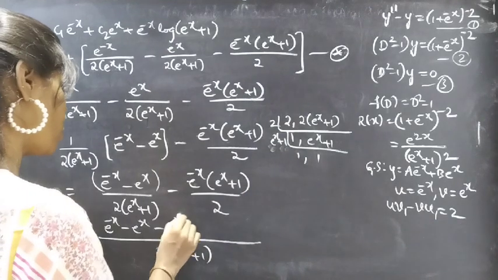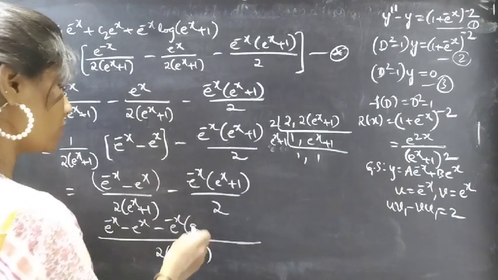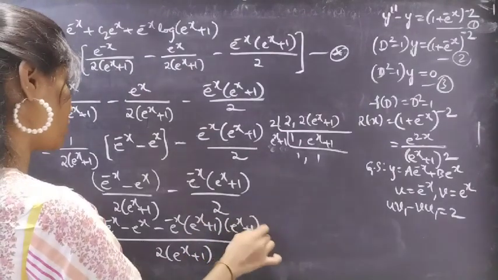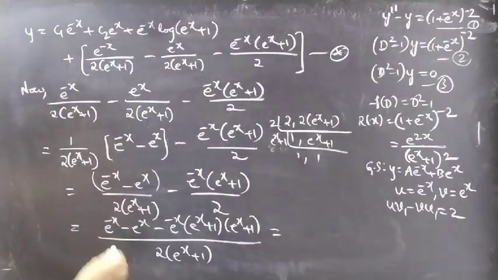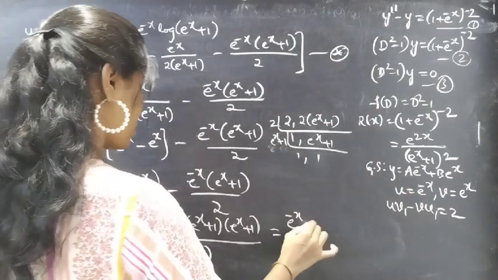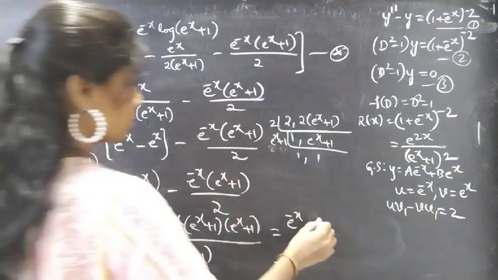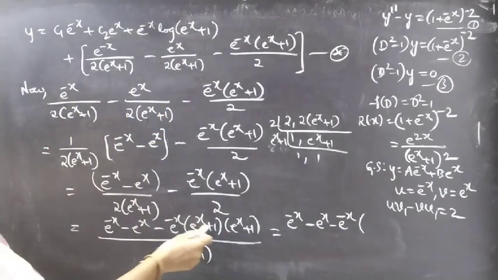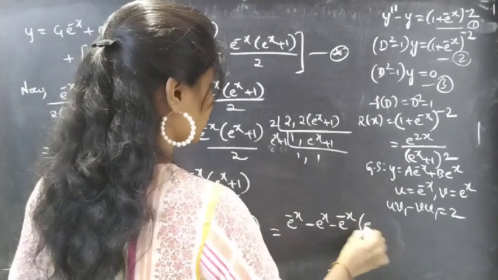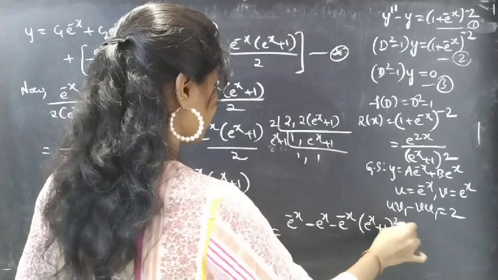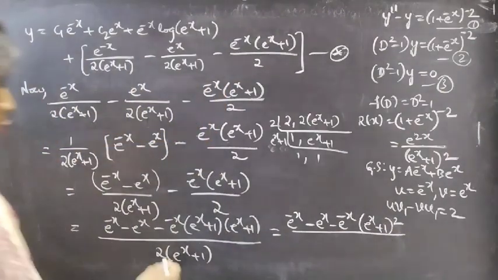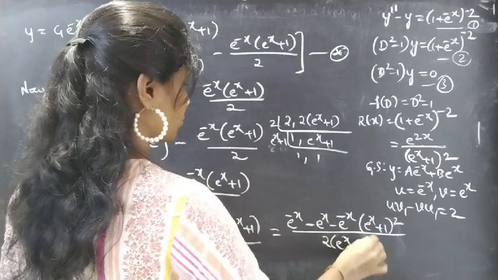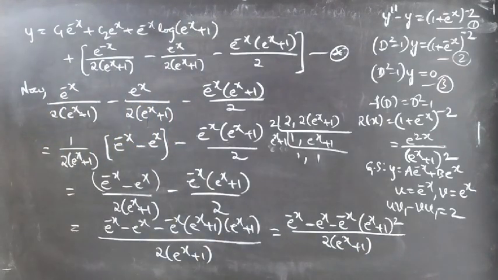We'll get e^(-x) - e^x - e^(-x)(e^x + 1)(e^x + 1), which gives us e^(-x) - e^x - e^(-x)(e^x + 1)^2 by 2(e^x + 1). Okay.